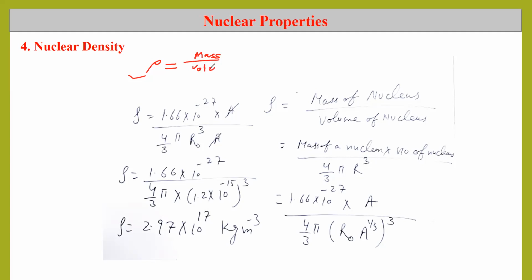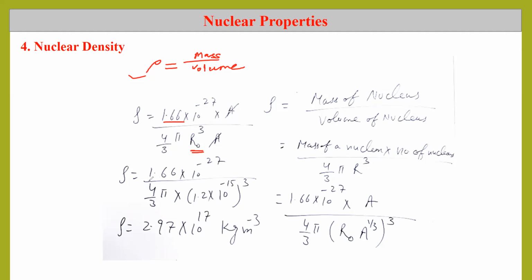We know that the nuclear mass is 1.66 into 10 to the power minus 27 kilogram, multiplied by A, because A is the number of nucleons. And volume is always 4 by 3 pi r cube, and r is represented here as r naught into A to the power 1/3. What is A? Number of nucleons. So A cancels A.